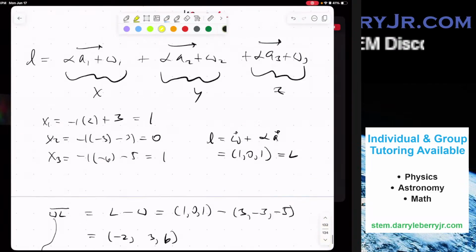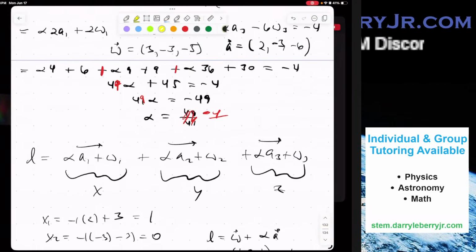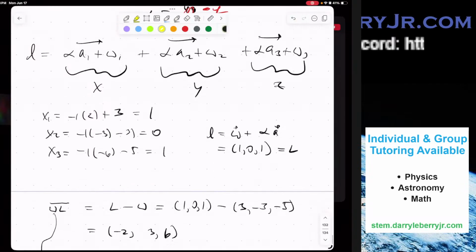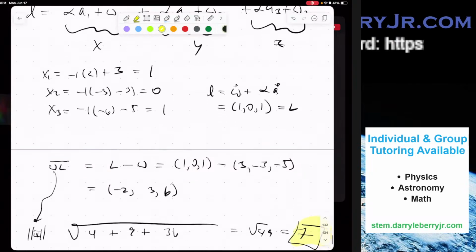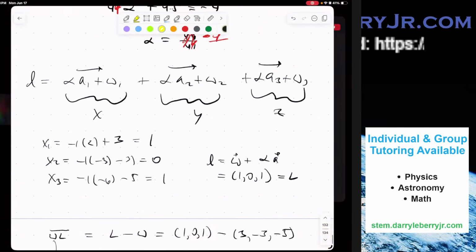So you have to remember that the line itself is just the scaled normal vector from W, plugging in the values into the X of all the values of that line.